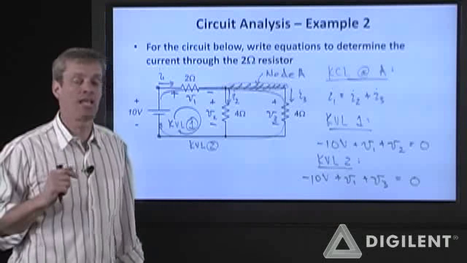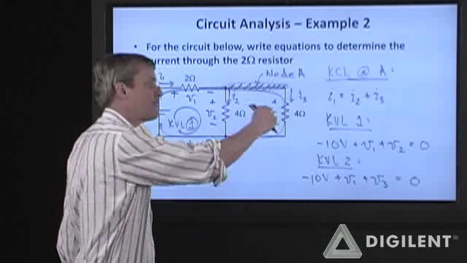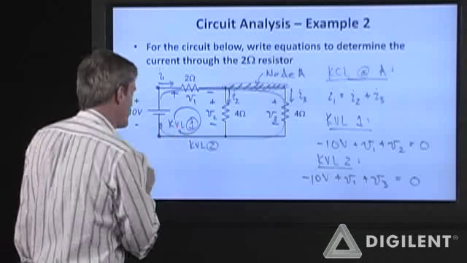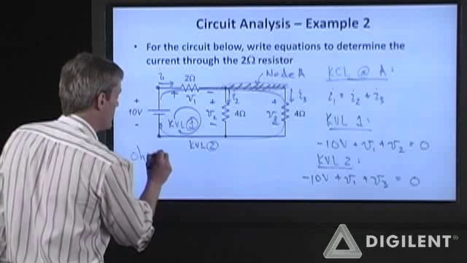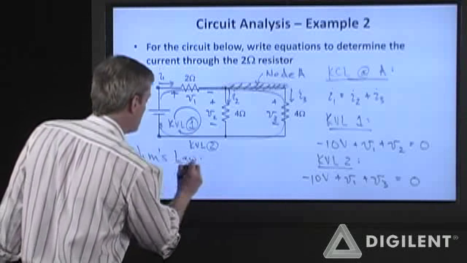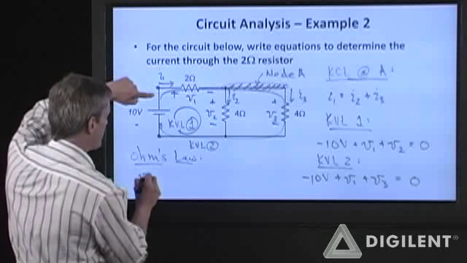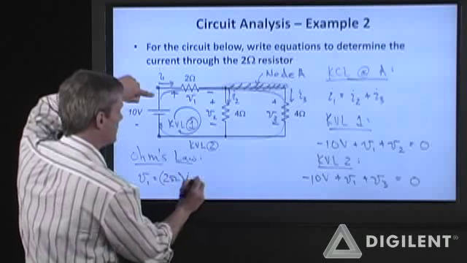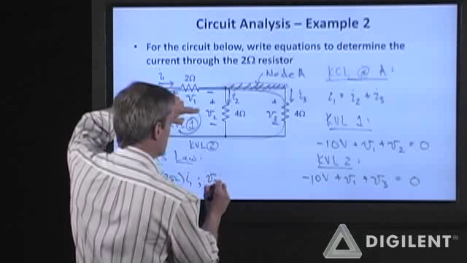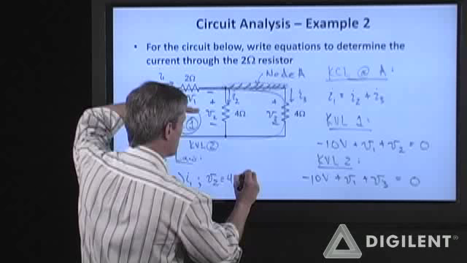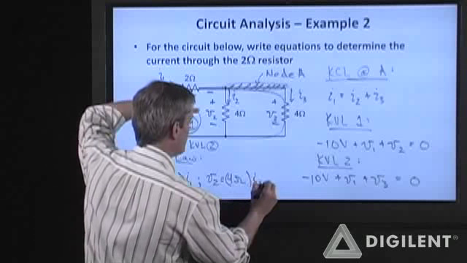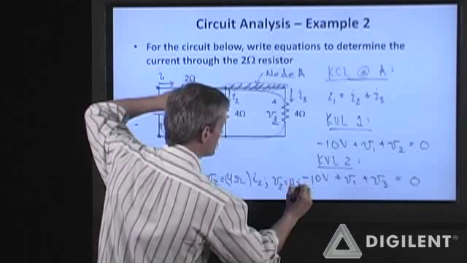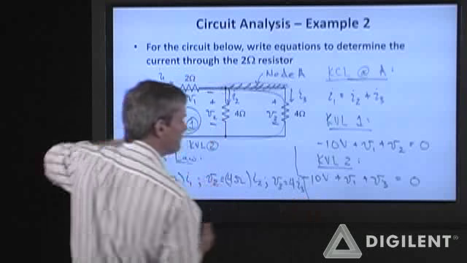I'm actually in good shape at this point because I can get another 3 equations from Ohm's law for the 3 passive circuit elements. So by applying Ohm's law, I can claim that V1 is equal to 2 ohms times I1. V2 is equal to 4 ohms times I2, and V3 is 4 ohms times I3.